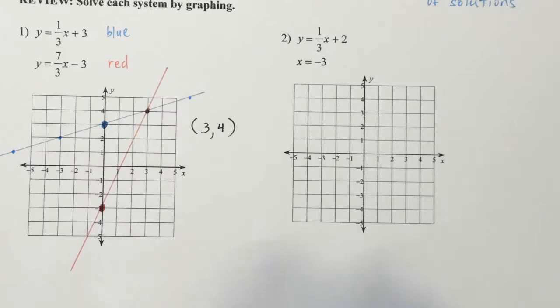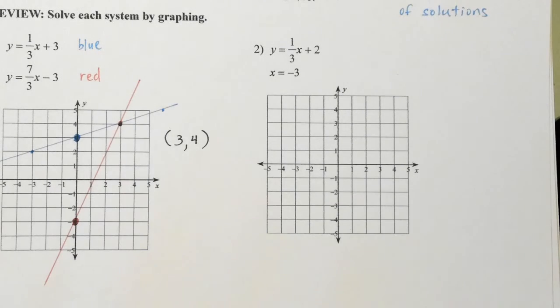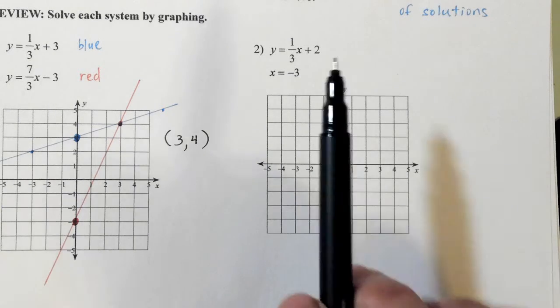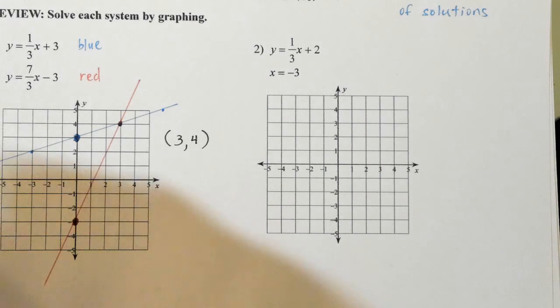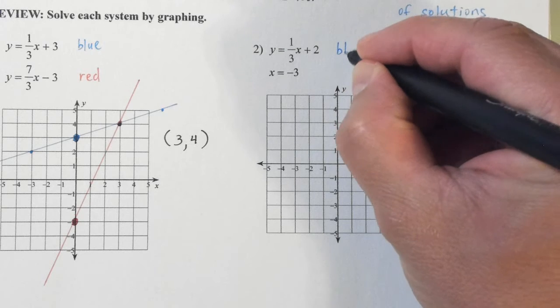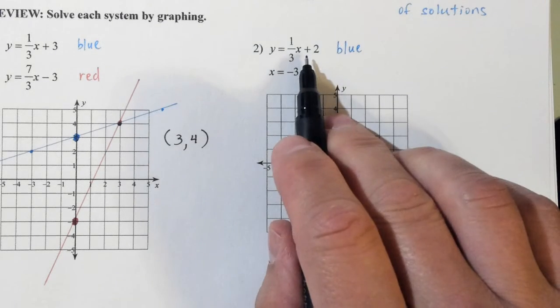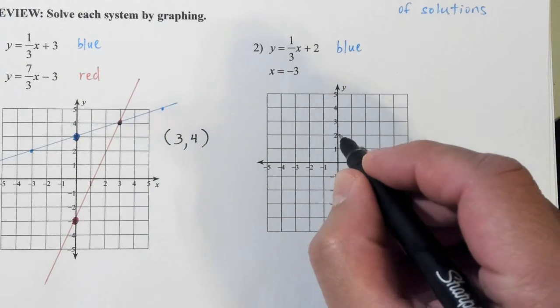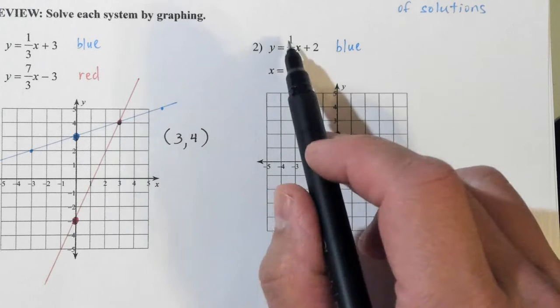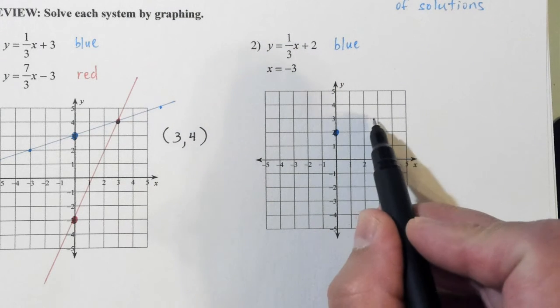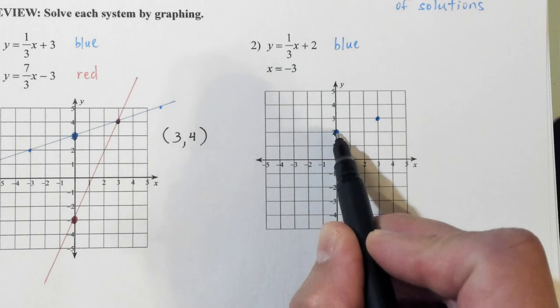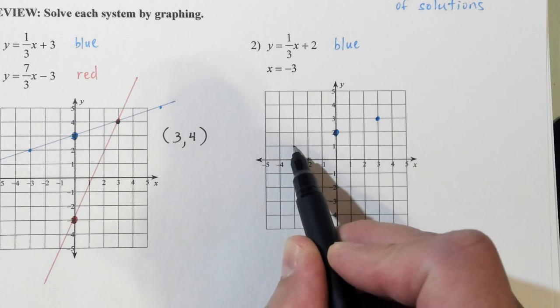And then we also cover these type of functions. Let me do this one in blue. The y-intercept is positive 2. Slope is 1/3. Up 1, right 3. Or left 1, or down 1, left 3.